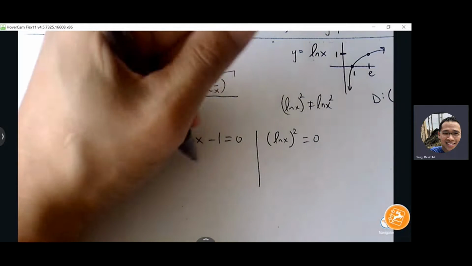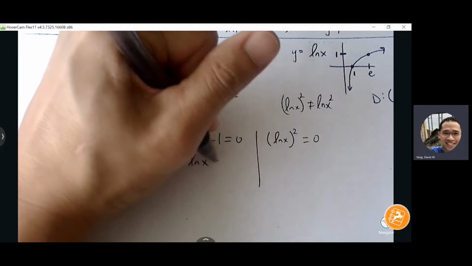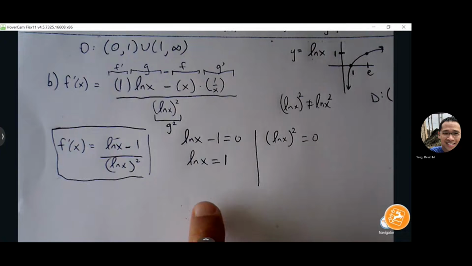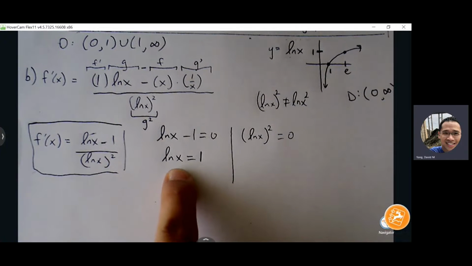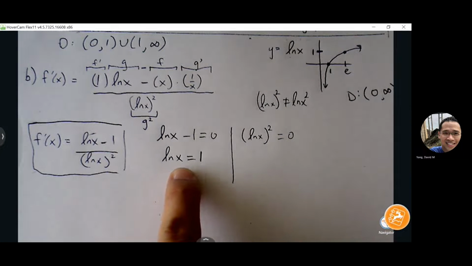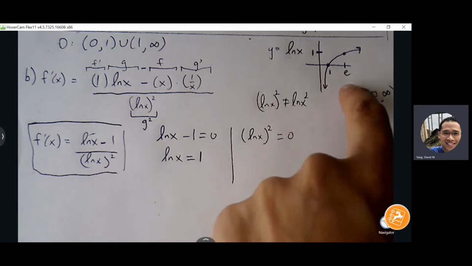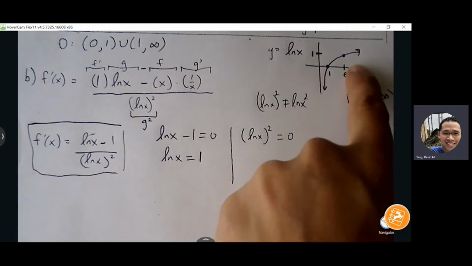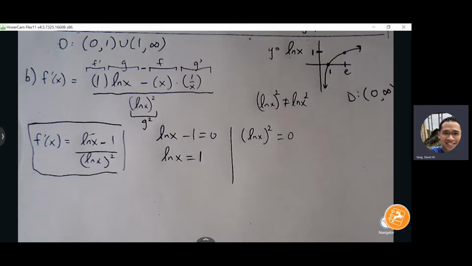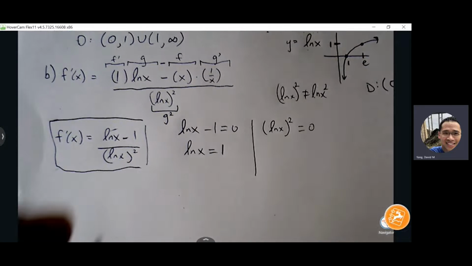Right, so I'll say natural log of x is equal to 1. And natural log of what value is equal to 1? e. Okay, it's nice having this if you know what the graph looks like, but I also want to show you that there's another way to solve this algebraically.